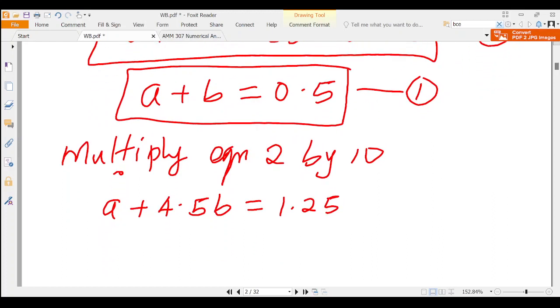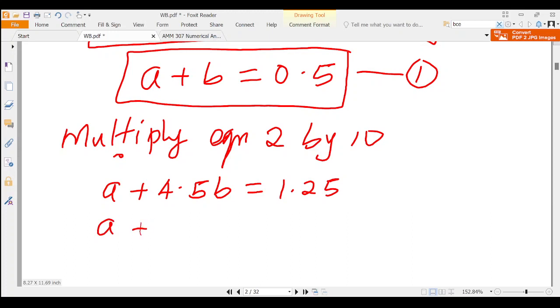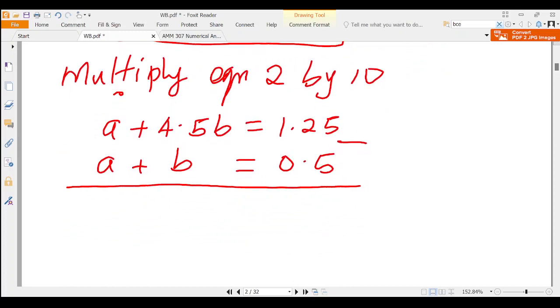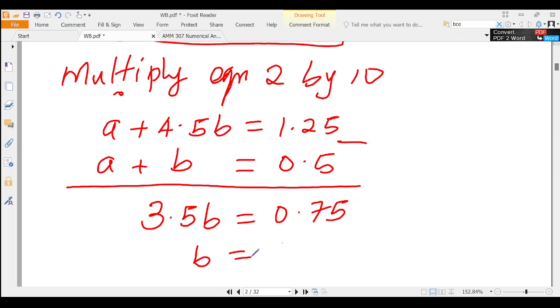And then equation 1, we have a plus b is equal to 0.5. Now to eliminate a, I'll get the difference between these two, and this side becomes 3.5b, which is equal to 0.75. Therefore b will be 0.75 divided by 3.5, which gives us 3 over 14.